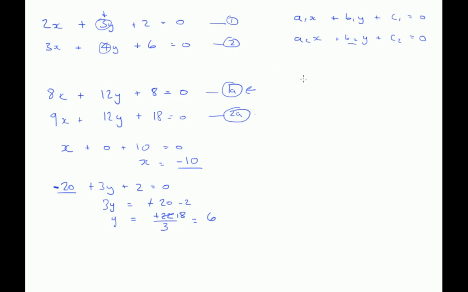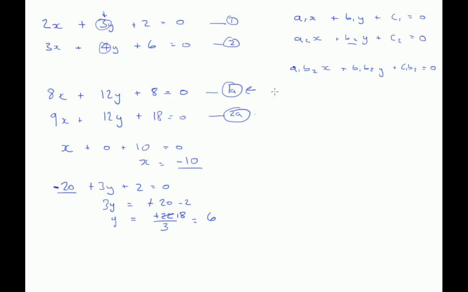So we ended up with an equation a1b2x plus b1b2y plus c1b2 is equal to 0, 0 times b2 if you like.